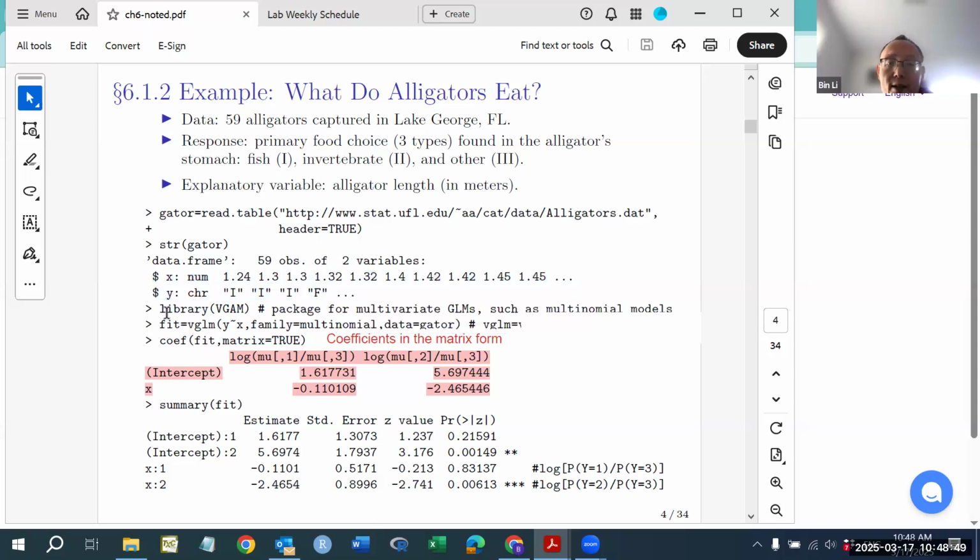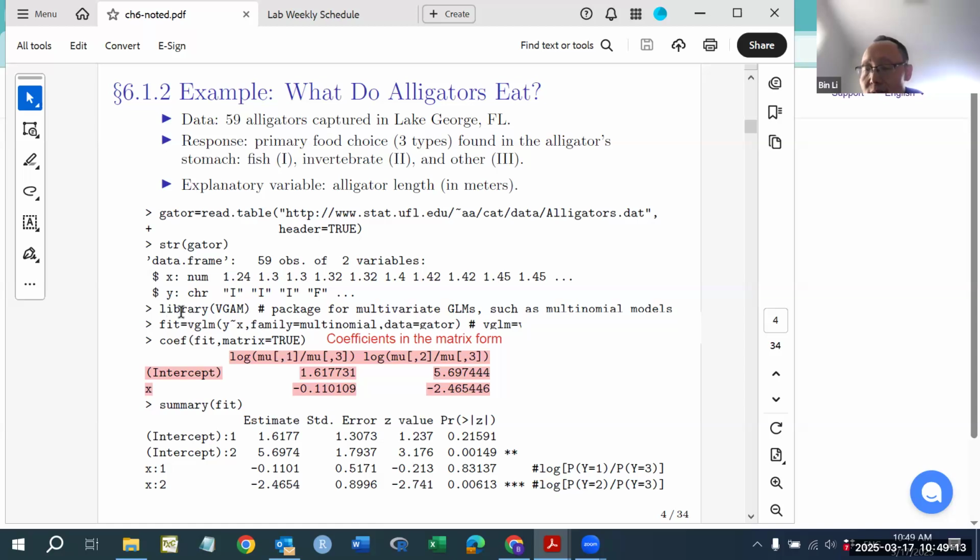So here for the multi-category Logit models, we can use the VGAM library. This is the package for multivariate GLMs.